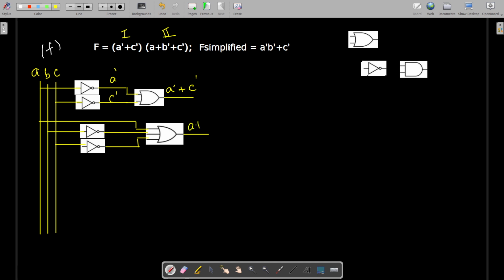It is A plus B dash plus C dash. It is A, here we have B, C dash. So now we have to combine this first term as well as the second term using 2 input AND gates. And the output of this AND gate will give us the required function, isn't it?